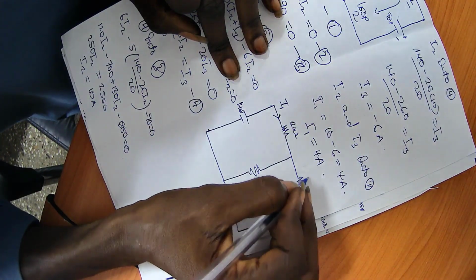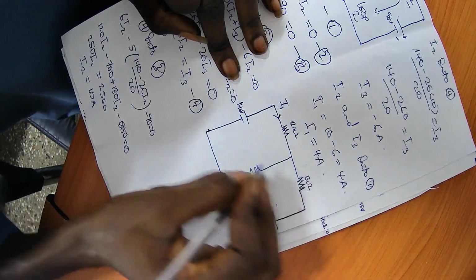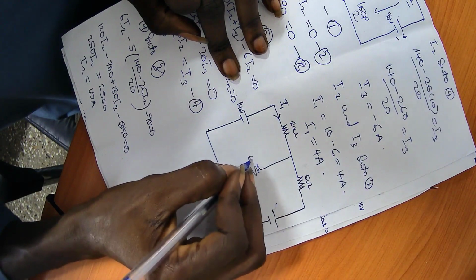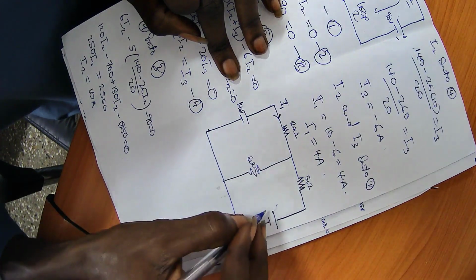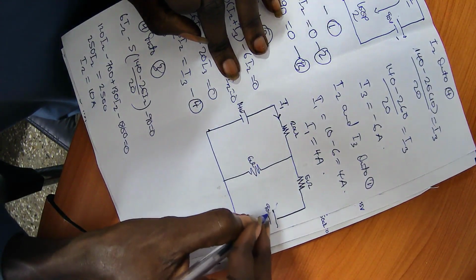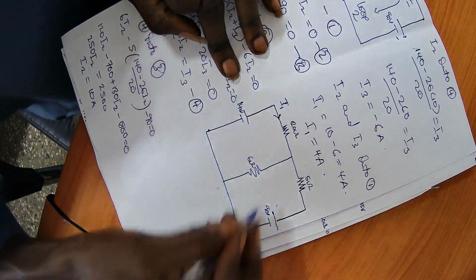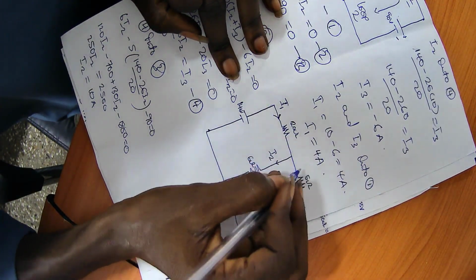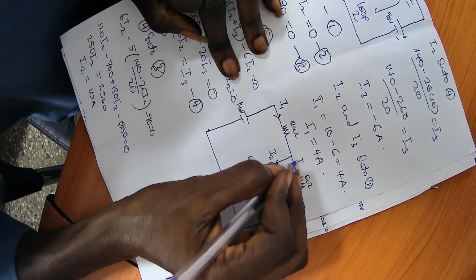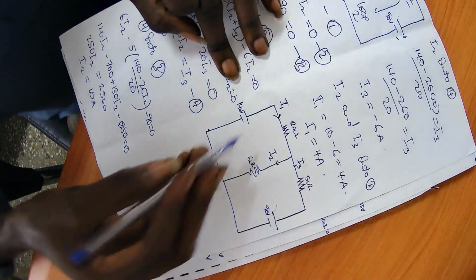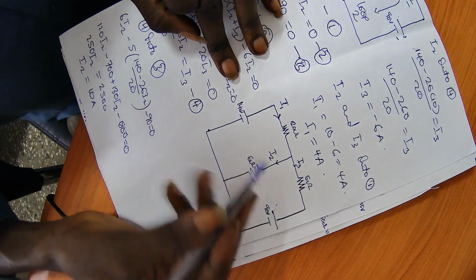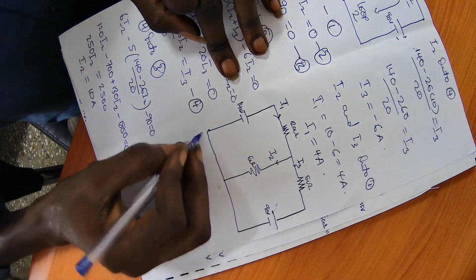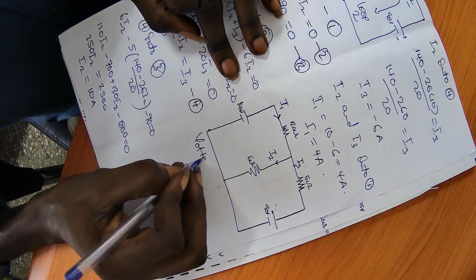Here is 5 ohms. Here is 6 ohms. Here is 90 volts. So that is all. Here was I2, and this is I3. Okay. So now let's find the various voltage drops across the resistors.